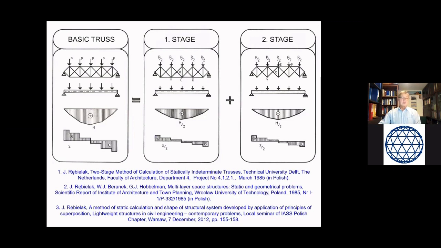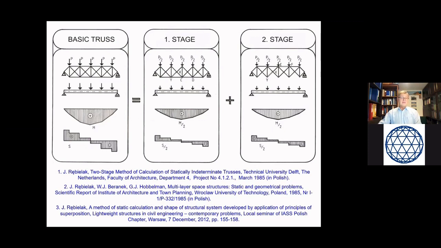A very similar procedure has to be done in the second stage. In each stage, one can use, for instance, the Cremona or the Ritter method. Because these methods don't take into consideration the stiffness differences between members, the just presented 2-stage method may give only approximate values of forces.